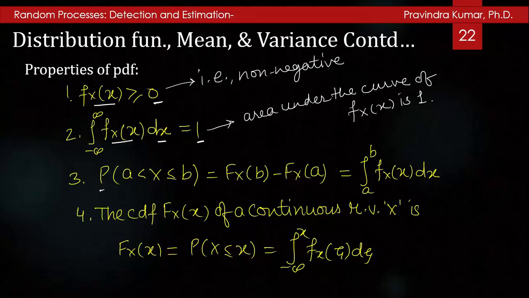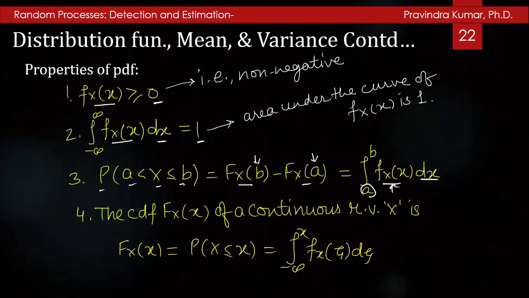And the probability that x lies between a and b, from the CDF property, is Fx(b) minus Fx(a), meaning CDF at x equal to b minus CDF at x equal to a.